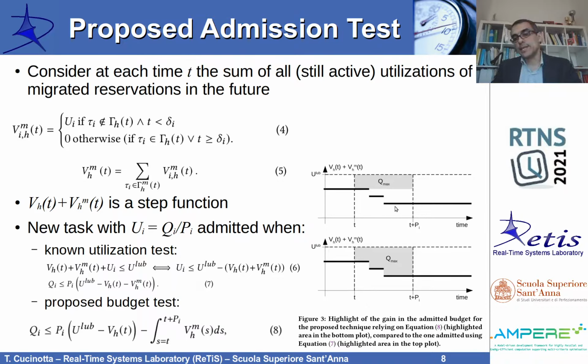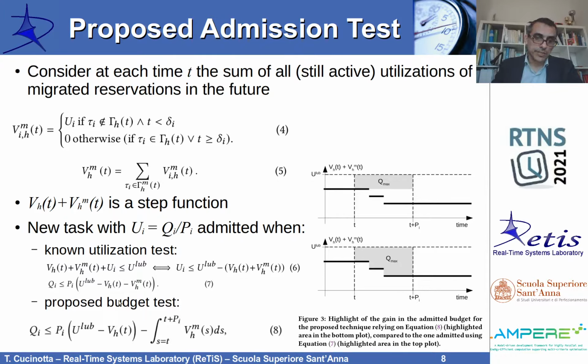This can be visualized as in figure 3 in the paper. If we consider time t when we want to admit our new task, which has reservation period P_i, it will be admitted if its budget is lower than or equal to Q_max, which is the area of this rectangle in the picture.